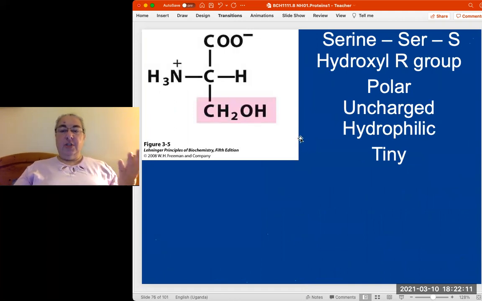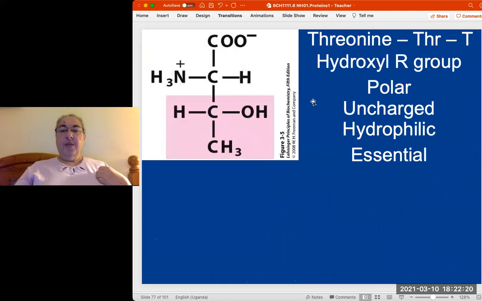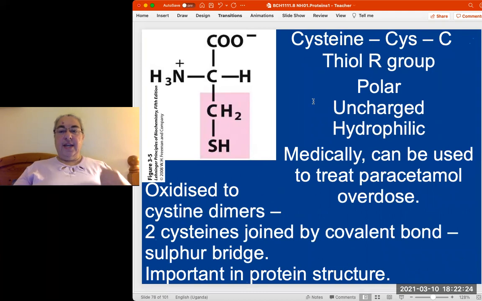Serine, small R group, a hydroxyl group, so a tiny amino acid. Threonine, an essential amino acid. Cysteine, a very important amino acid in forming structures in proteins.